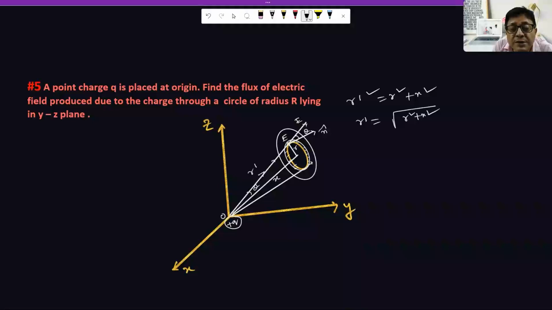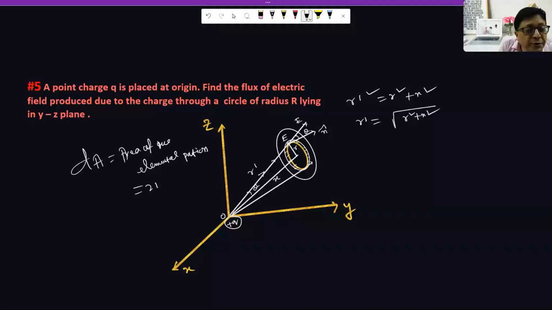So for this elemental portion, let us write dA equal to area of the elemental portion. This is going to be 2 pi r into dr. This is dA, area of the elemental portion.